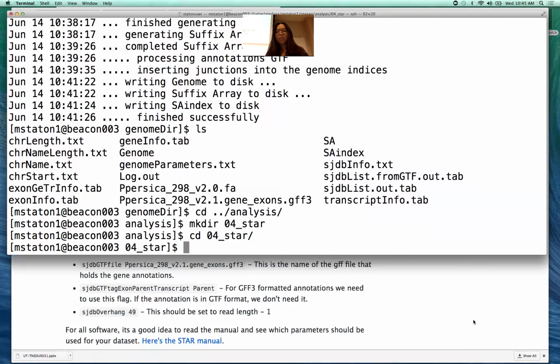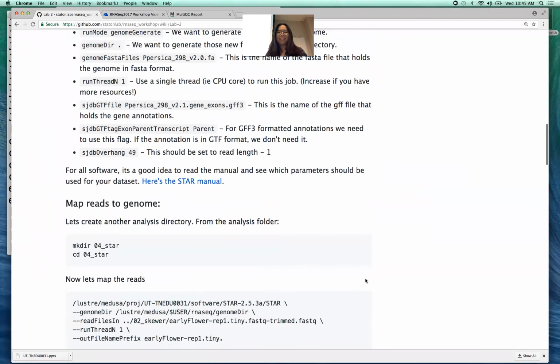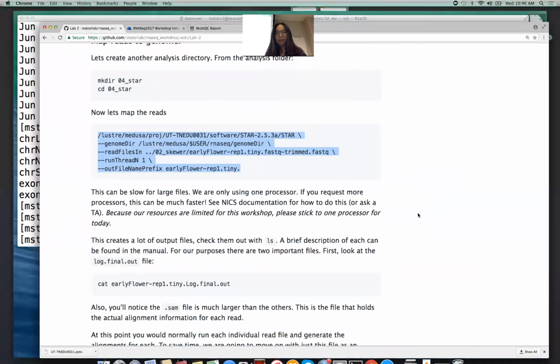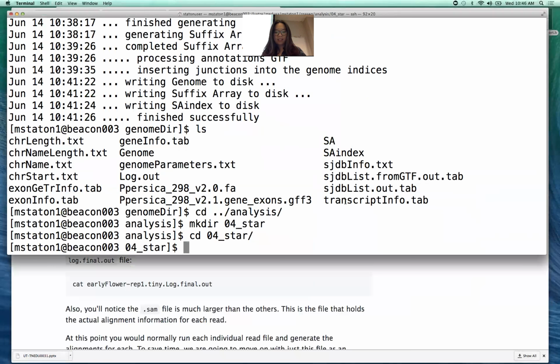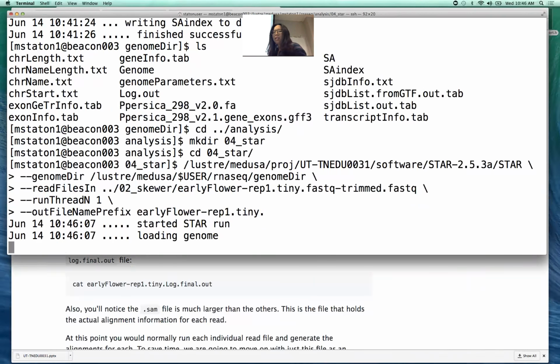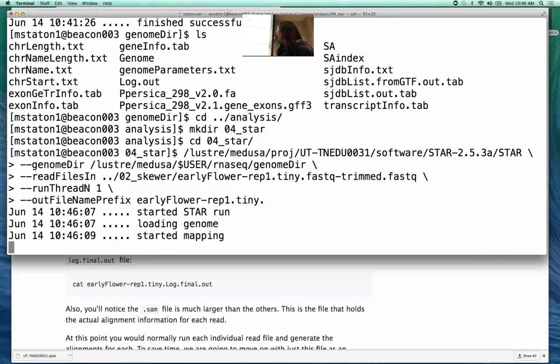On our website there's still a long command that you copy into the terminal and hit enter. Then it starts to run.